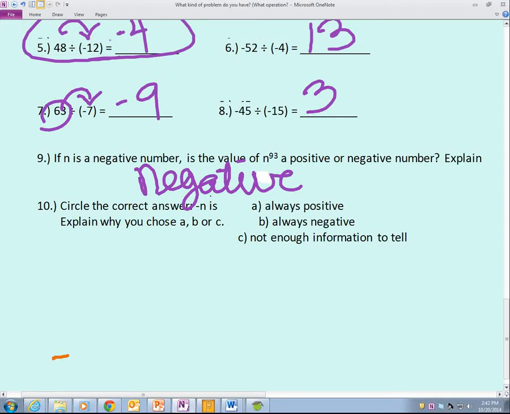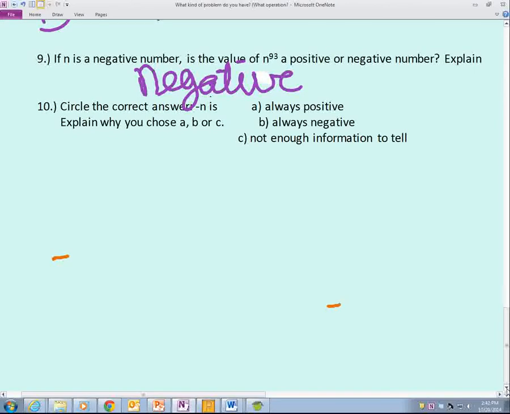Okay. Next one is, I'm just going to talk about this for a little bit. We don't have time to do it. But for an answer where n, or negative n, is it always going to be positive regardless of what n is?